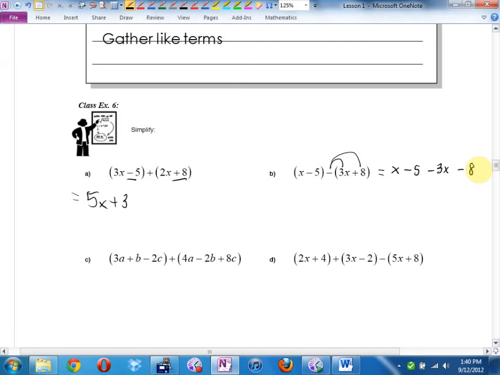And now, Greg, I can gather like terms. X minus 3x, negative 2x. Negative 5 minus 8. Subtract the 3, carry the naught. Negative 13.